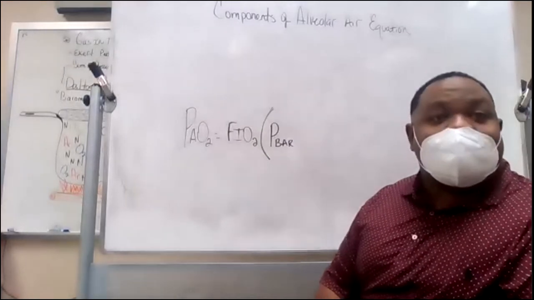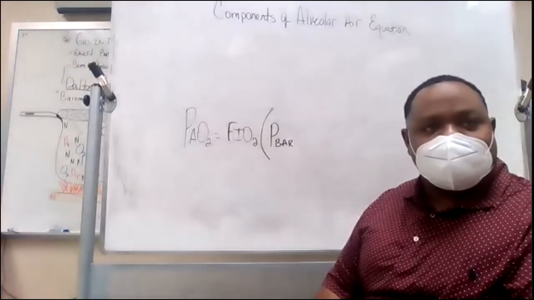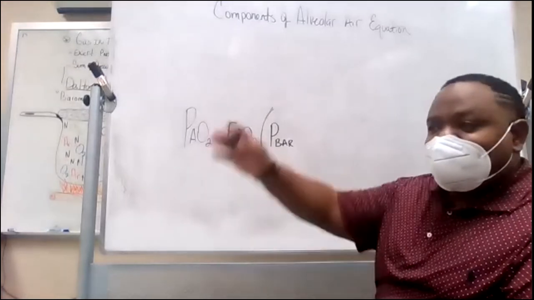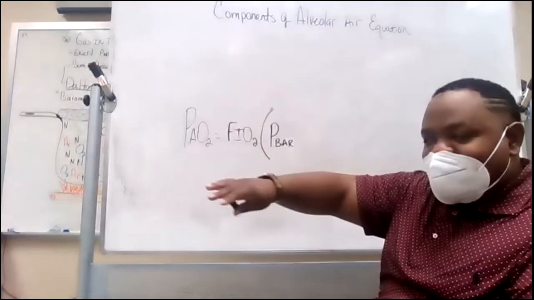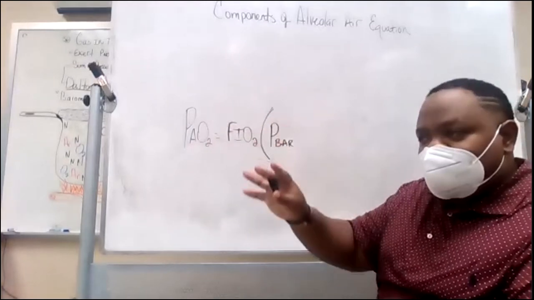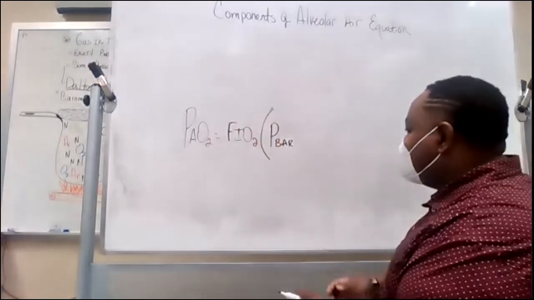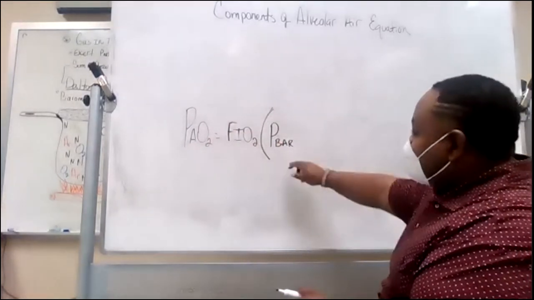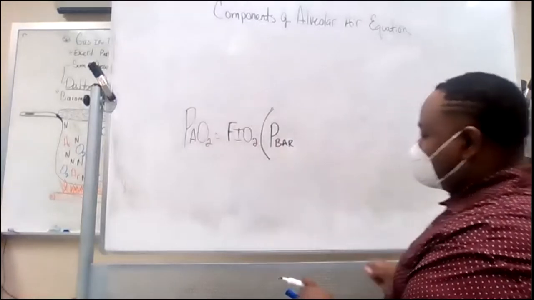And now we know how we got to barometric pressure, right? We got the barometric pressure by using Dalton's law, which says that all of the gases of the atmosphere have their own pressure. And when you add their pressures up, they equal how much? 760 at sea level, right? That is the barometric pressure.